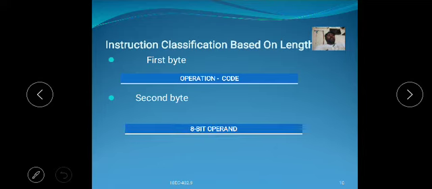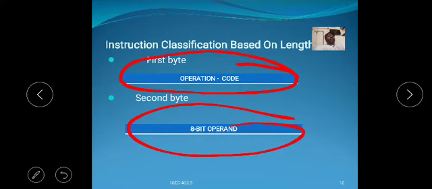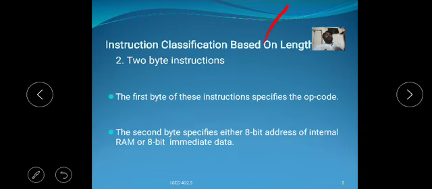In the first byte, the operational code. The second byte is the 8-bit operand. The total is 2 bytes of data. In the 2 byte instructions, the first byte specifies the opcode.